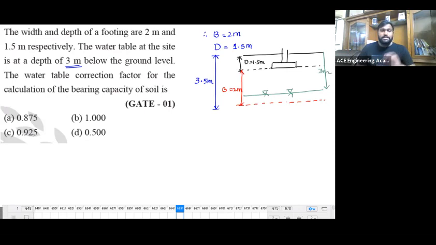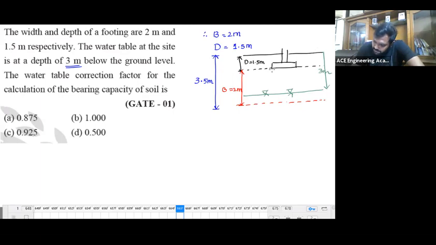Now, what is the water table correction factor for the calculation of the bearing capacity? I want to find out the water table correction factor. See, above the footing, is there any water table correction? No. Above the footing, no need of any correction, right? But below the footing, I need to do the water table correction.